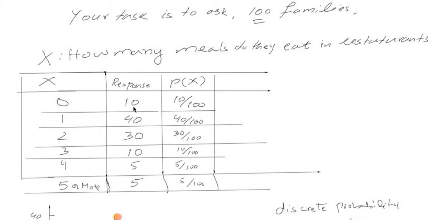So 10 of the families out of 100 say that they don't eat in the restaurant during a week. X is equal to 0 means that they don't eat a meal in the restaurant during a week. And if we want to get the probability, then it is 10 out of 100, because our total families here is 100.